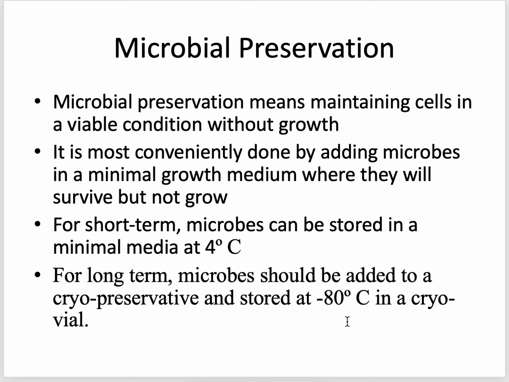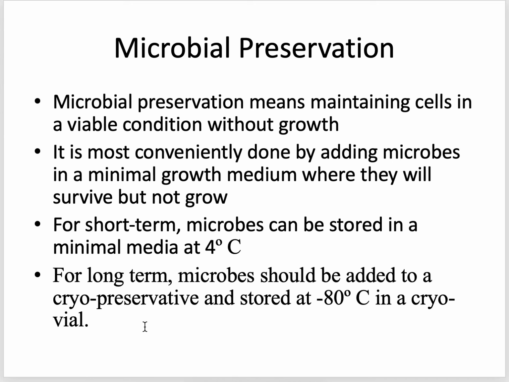However, if you want to preserve or store microbes at -80 degrees Celsius or at liquid nitrogen temperature, which is extremely cold, you have to use a special chemical. Those chemicals are called cryopreservative chemicals.